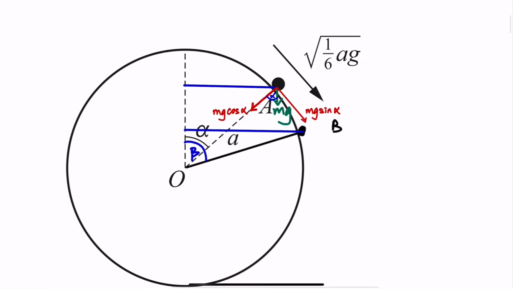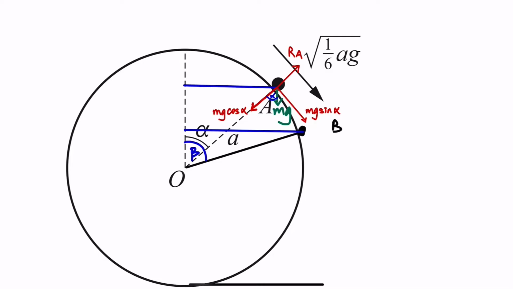And don't forget about the contact force. The contact force would be directly perpendicular from the surface. So this is the surface, right? So perpendicular away from the surface. This would be our contact force at A. Let's call it RA for now.